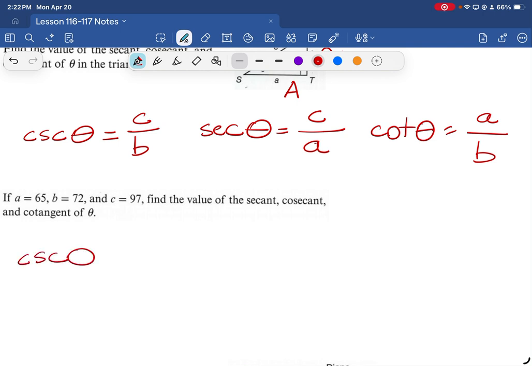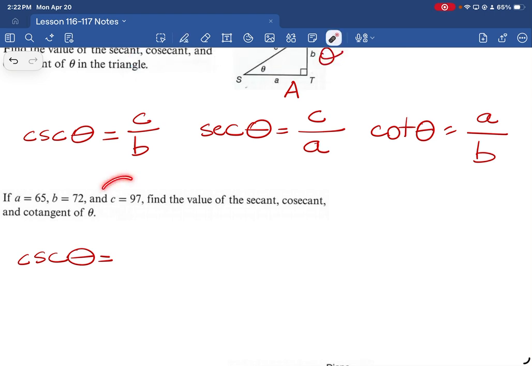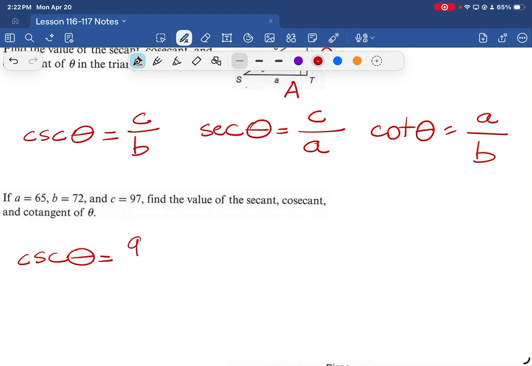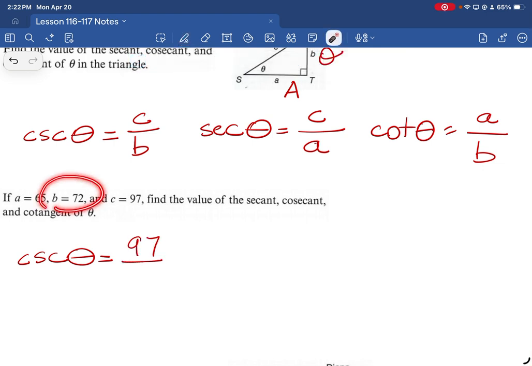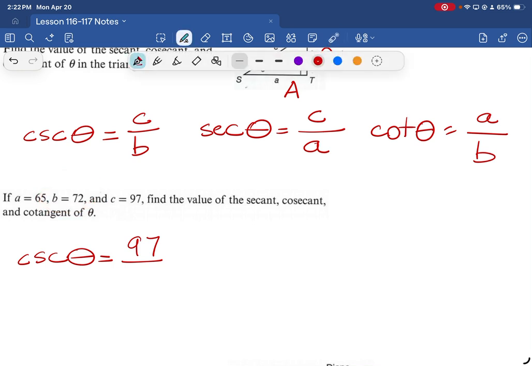So cosecant theta, we said was C over B. If C is 97, we're going to put that on top, and then over B, which they said was 72. And that is our answer for cosecant theta. All right, Thomas, tell me what you get for secant theta by assigning the values. 97 over 65.